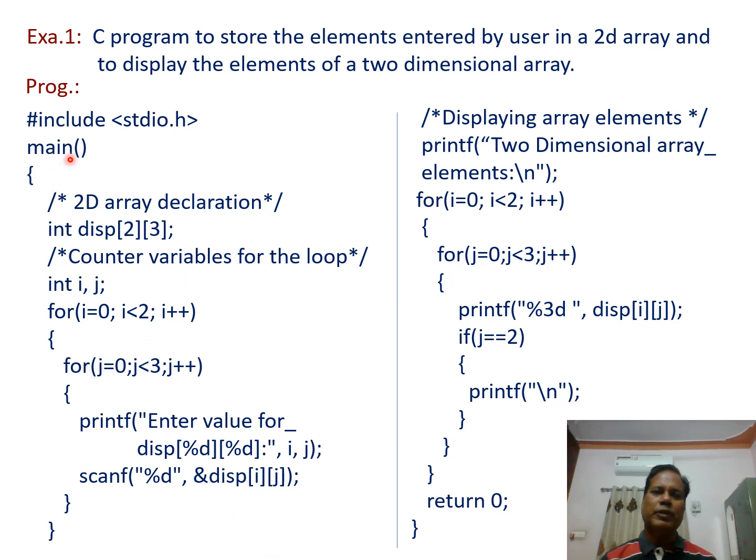In the body of the main function, we find the first statement is int disp[2][3]; using this statement, we declare an integer array with 2 rows and 3 columns. So this integer array disp stores 2 times 3, that is 6 integer values.